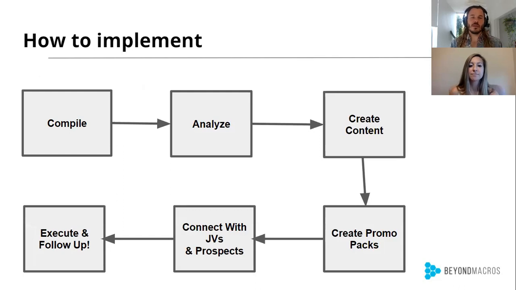Mm-hmm. And the way that you're going to implement this is, again, we've got essentially the CASE framework. You're going to compile the information about who your high urgency clients are, what they are looking for, what those high urgency topics are. You're going to compile as many ideas as you possibly can, maybe do some market research with people in your audience, and then take some time to actually analyze, okay, what is going to be that ikigai?